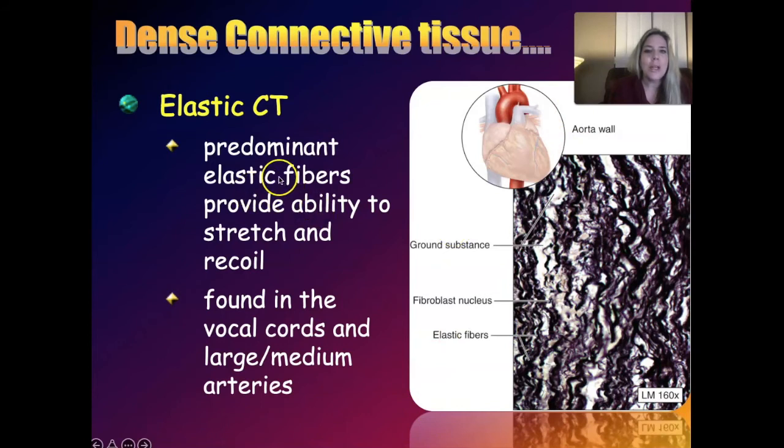So predominant elastic fibers, and they provide that stretchability and the recoil that's needed in certain organs, especially ones that go under a lot of stress. So we find these in our vocal cords because you're getting that constant vibration of sound going through, and in large and medium-sized arteries. So for example, the wall of the aorta is going to have elastic connective tissue. So elastic connective tissue is a subcategory of dense connective tissue.